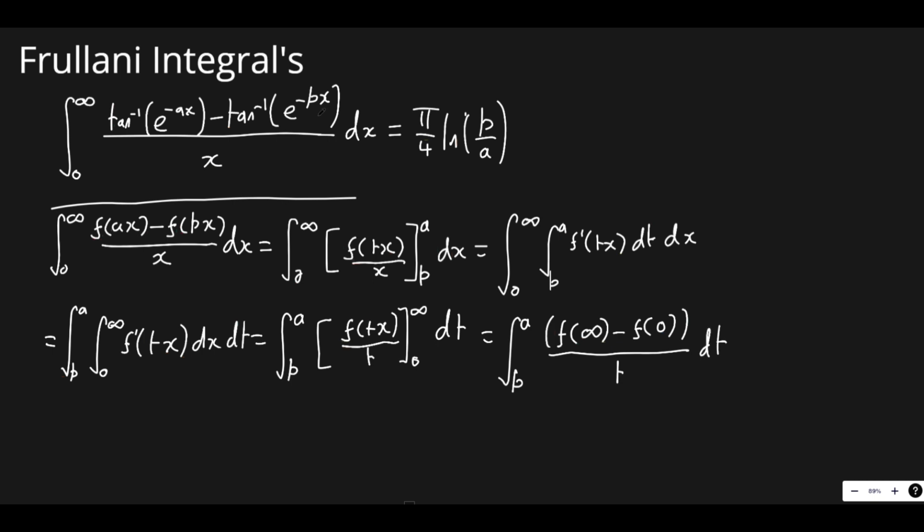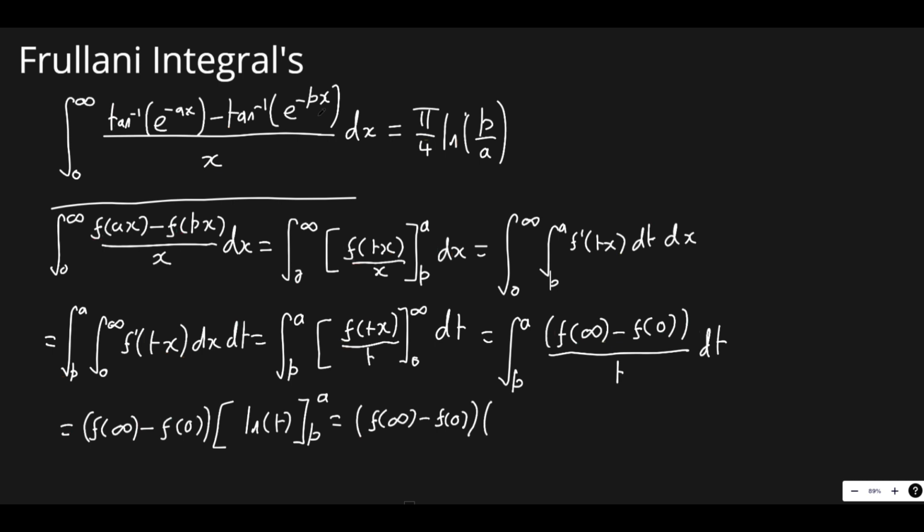Because this on top is a constant, we can just evaluate this final bit. So you get f of infinity minus f of 0 multiplied by this integral evaluated, which is just going to be ln of t. And we get the nice result, f of infinity minus f of 0, times ln of a minus ln of b, or in other words, ln of a over b.